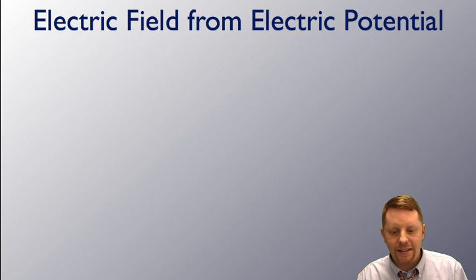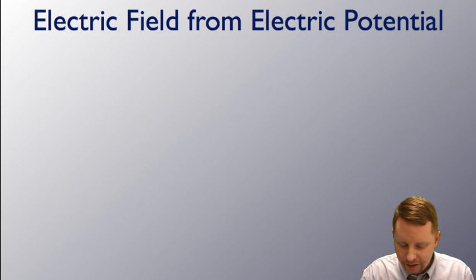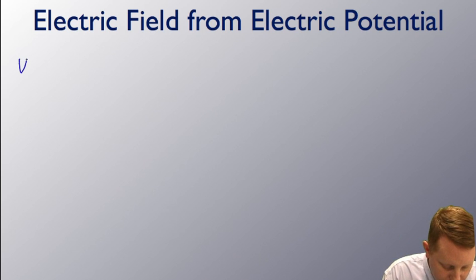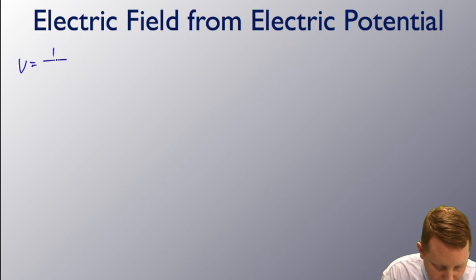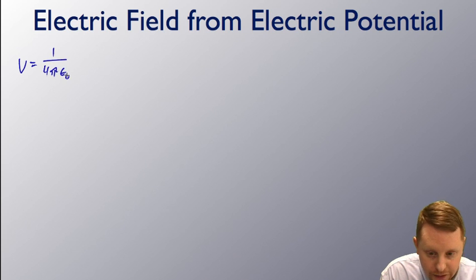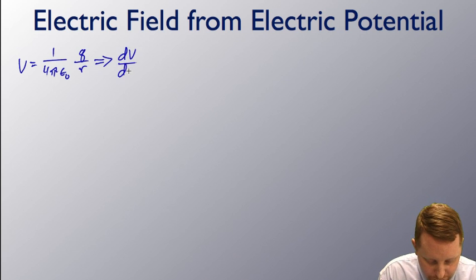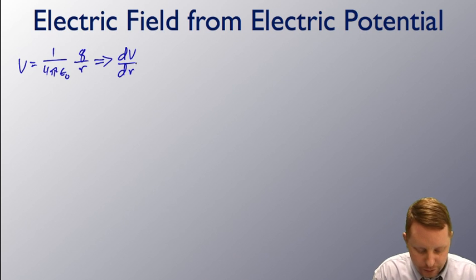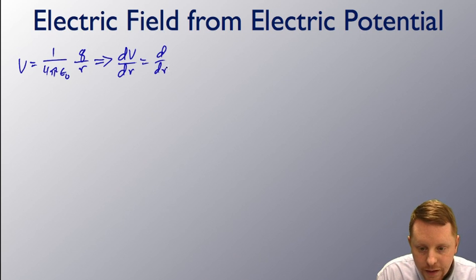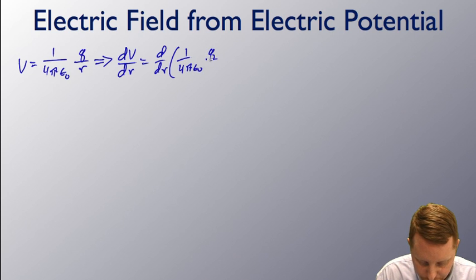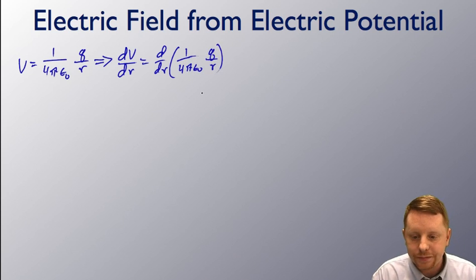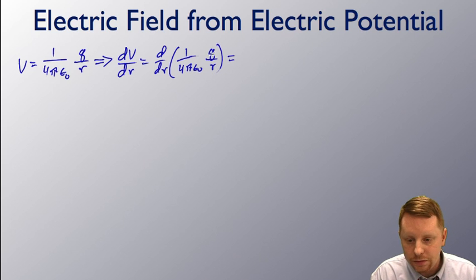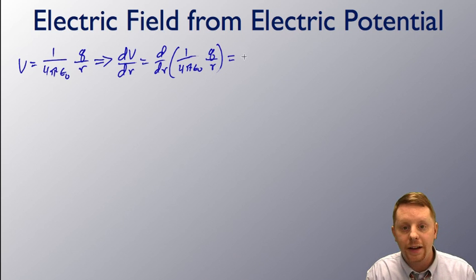Let's see if we can find the electric field from electric potential. If potential is 1 over 4 pi epsilon naught Q over R for a point charge, then the rate of change of potential with respect to R, the derivative, must be the derivative of 1 over 4 pi epsilon naught Q over R, taking the derivative of both sides. Well, we can pull the Q over 4 pi epsilon naught out of the derivative sign.